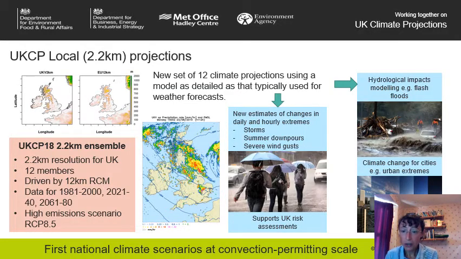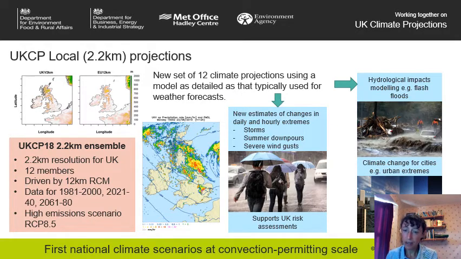Now, as part of the UK Climate Projections Project, we recently released the first national climate scenarios at this convection permitting scale. So here I'm meaning a model that is as detailed as that typically used for weather forecasts, now used in climate change.